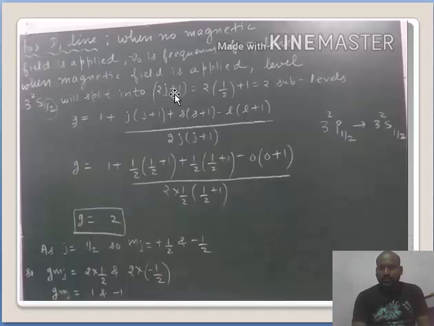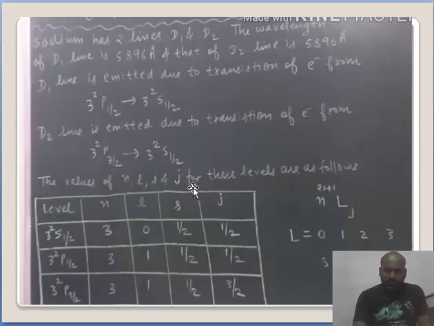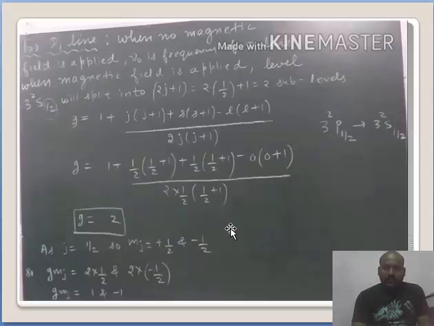The J value here is 1 by 2, so 2 times 1 by 2 plus 1, that is 2, and we will get 2 sub levels. This energy level splits into 2 energy levels. You will see it in the next slide.